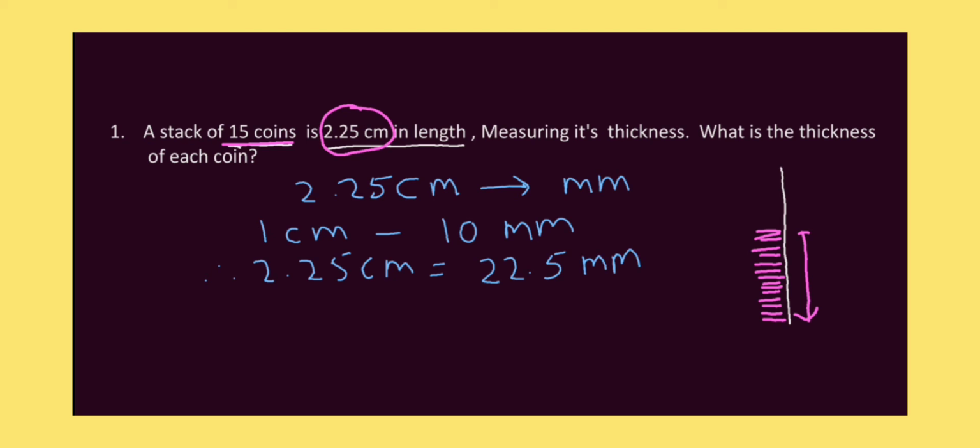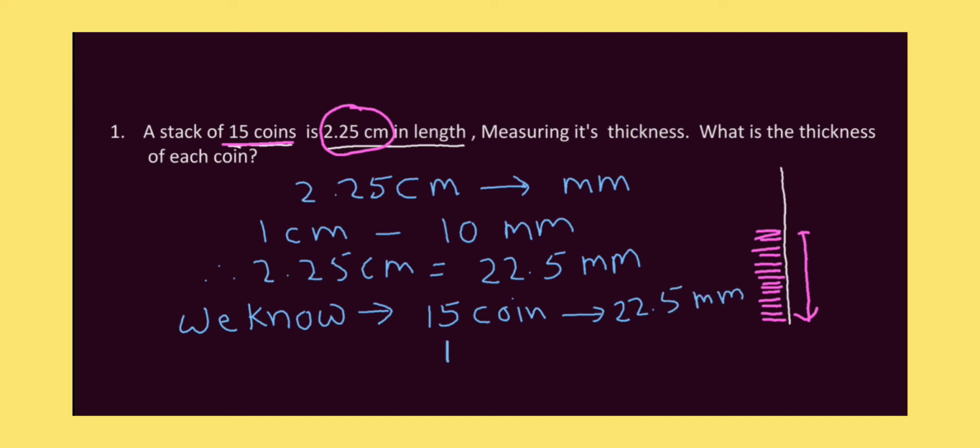So we know that the thickness of 15 coins is how much? 22.5 millimeter. So the thickness of one coin will be 22.5 divided by 15, which is 1.5 millimeter.